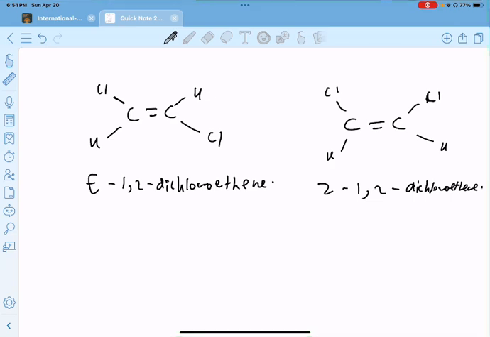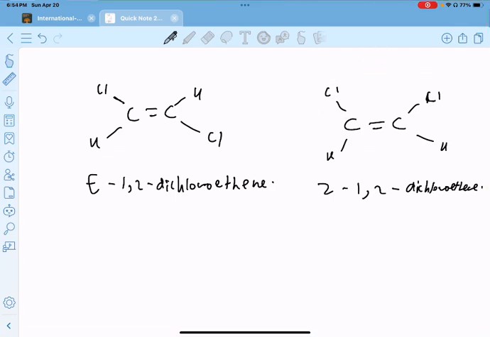I know it's confusing, so create your own tricks. I'm not going to give an example, but just know E is for opposite ends and Z is for the same side.